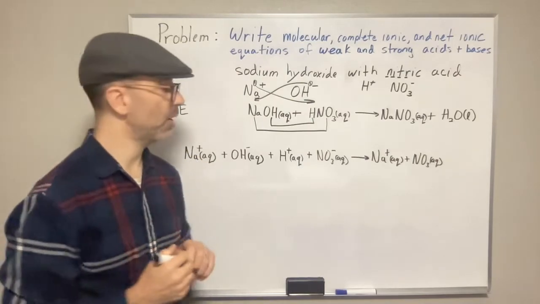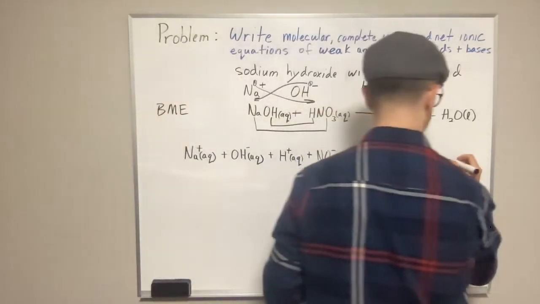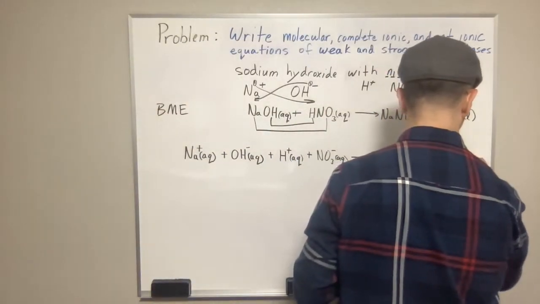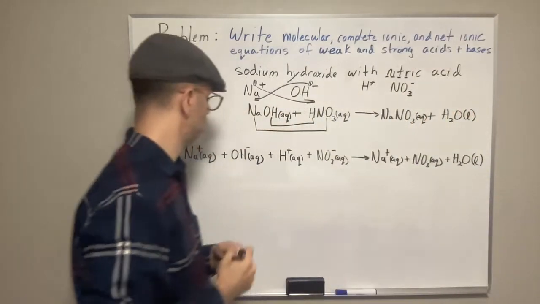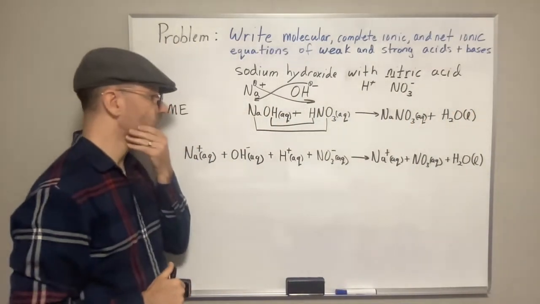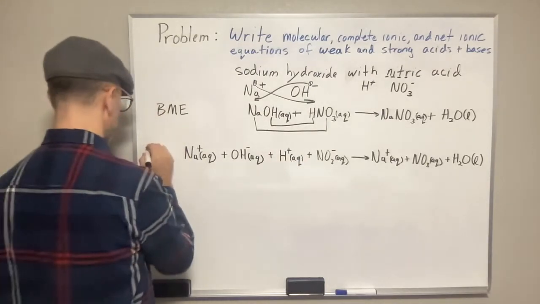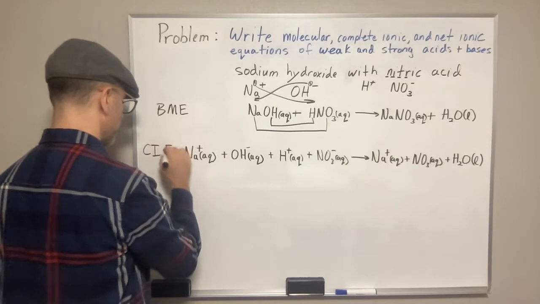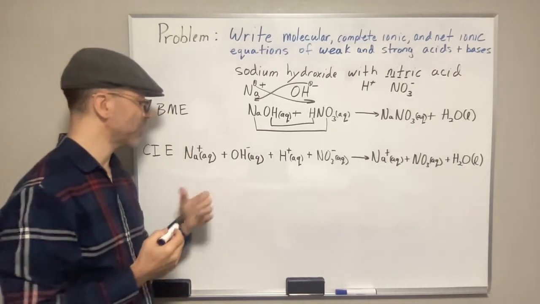You're not going to break that apart. So water stays together as water. So that's going to be H2O liquid. Okay, so now this is our complete ionic equation for this strong acid, strong base reaction.